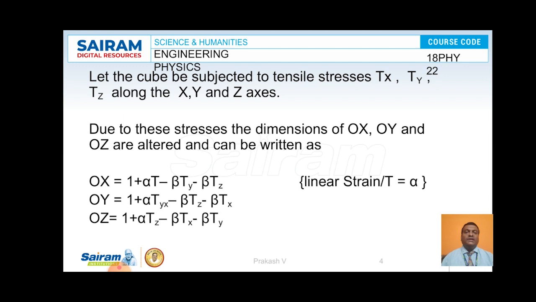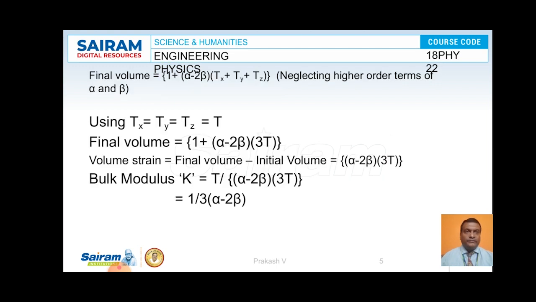Similarly, along Oz it is 1 plus alpha Tz minus beta Tx minus beta Ty. So these were all the changes going to happen along the x, y and z directions of the box because of the outward forces acting upon it. Now, in order to calculate the change in volume of the box, let us look at the further equations.